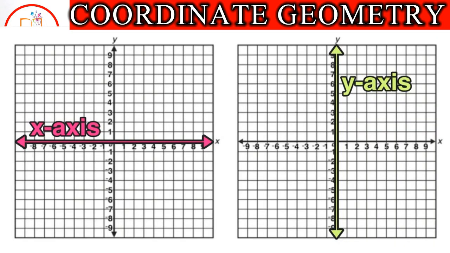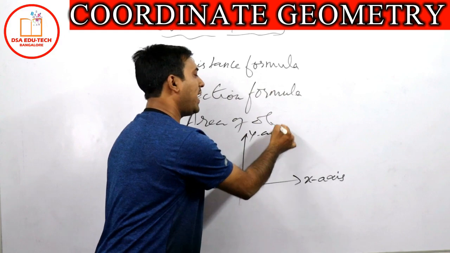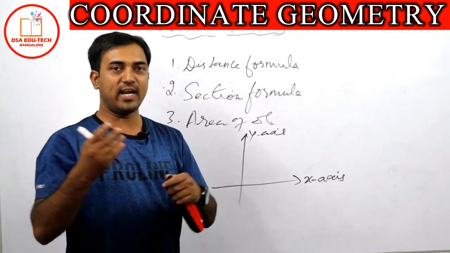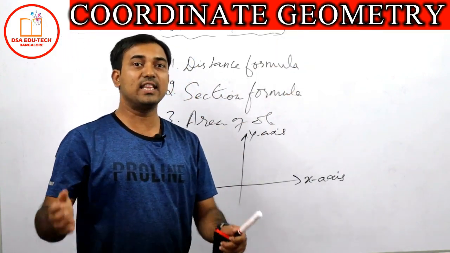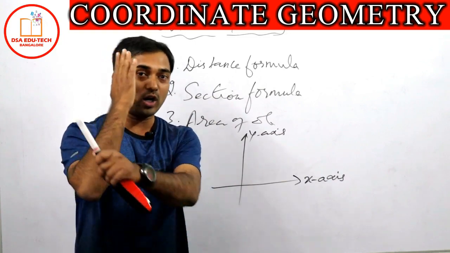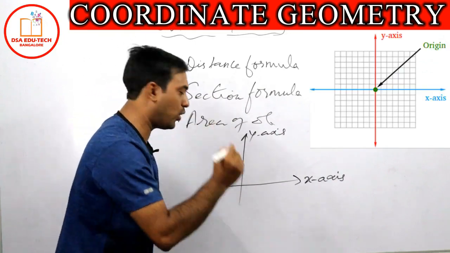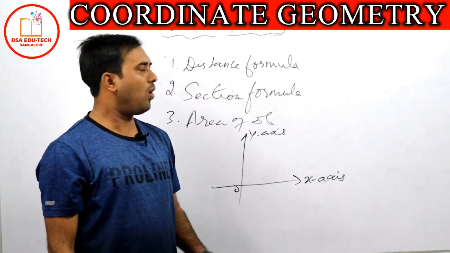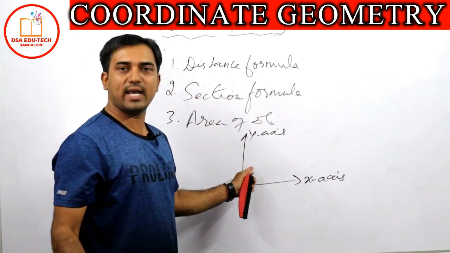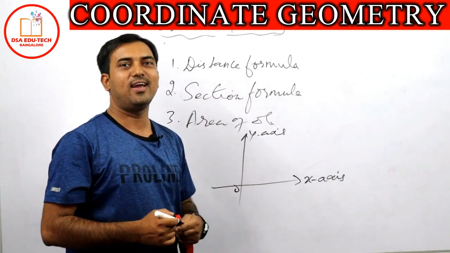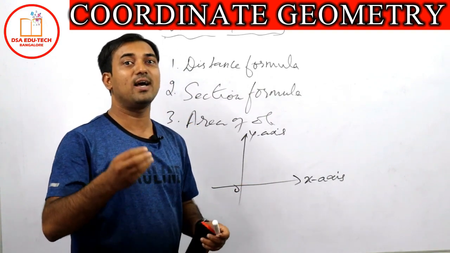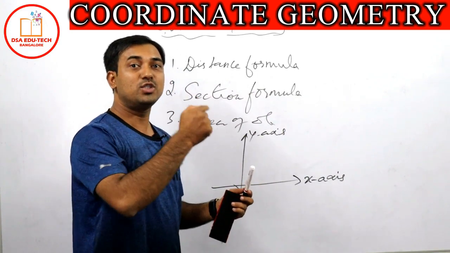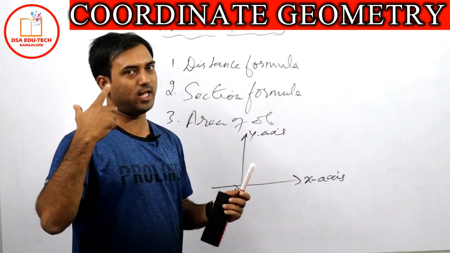And the vertical line we call the y-axis, and where the x-axis and the y-axis cross each other, that we call the origin. As I said, it is a symbolic relationship between geometry and algebra, right?